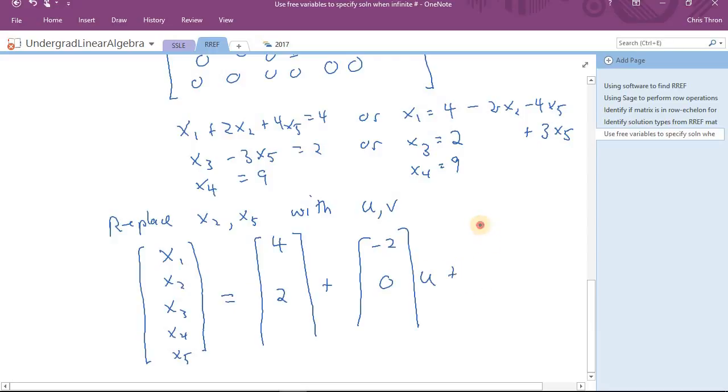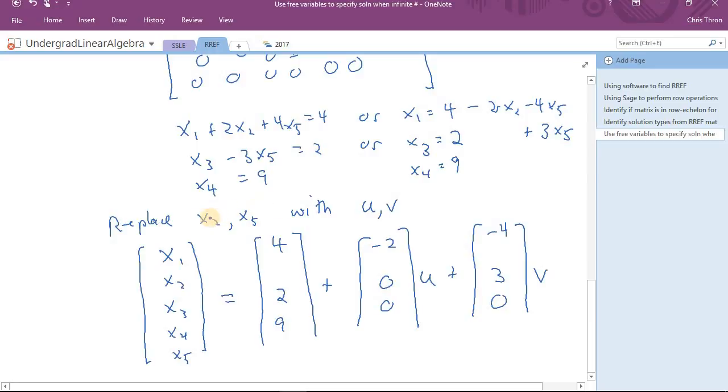Okay. And then here I have a v. Last equation, this x5 has been replaced with a v, so I have minus 4v. On my x3 equation, I have 2 plus 3x5, so this is going to be a 3 here. All right. And then my x4 gives me 9 and 0 and 0.